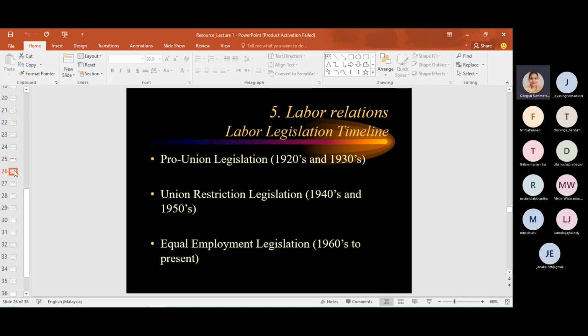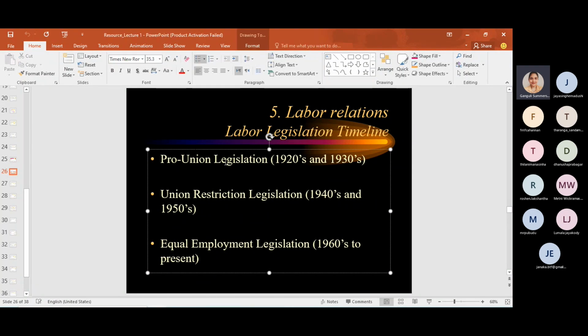Labor rights are mentioned in the acts and regulations of the country, which are passed by the country's parliament. These documents that talk about labor rights are called legislation.